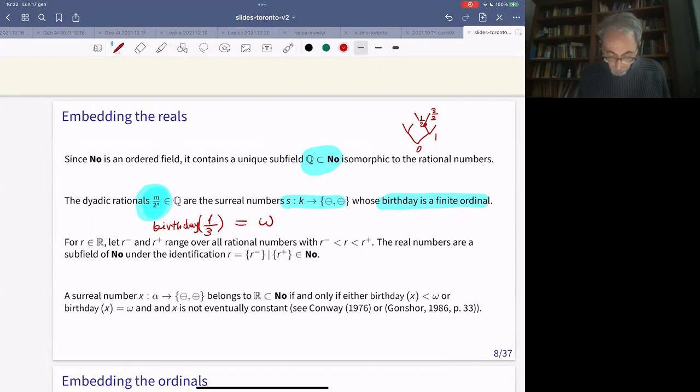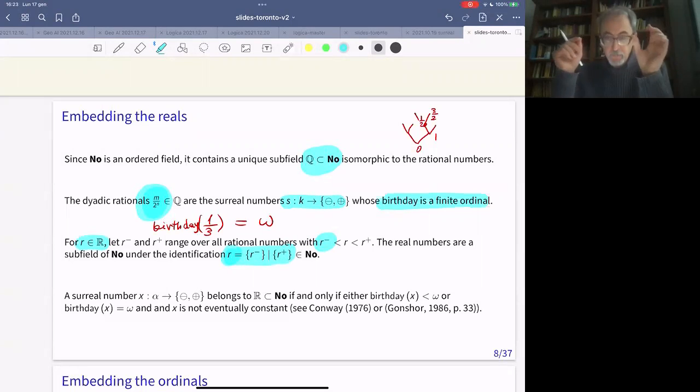Now, in order to embed the real numbers, you do something very simple. You take all the dyadic rationals, and you identify a real number with the simplest element which is between the dyadic rationals smaller than r and the dyadic rationals bigger than r.